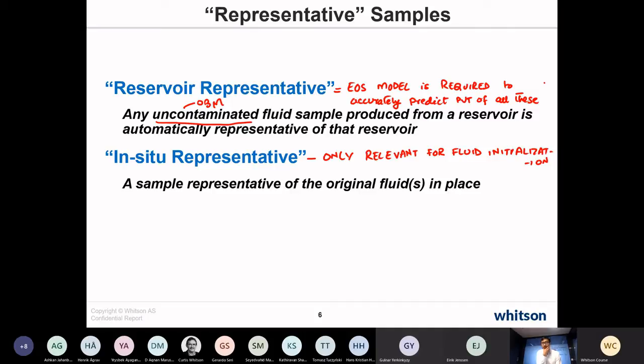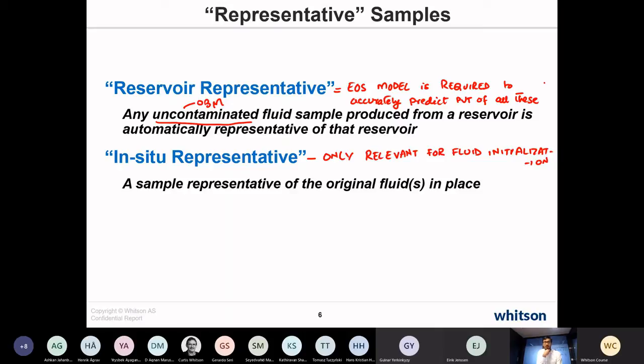Yeah, so I guess, I don't know which paper, Curtis can mention the paper, but what we have found is that if you have any level of contamination, you can actually very accurately calculate the reservoir representative sample composition by doing the mathematical decontamination.